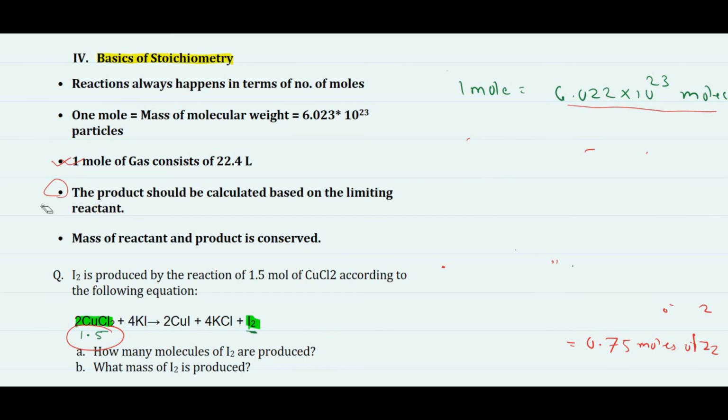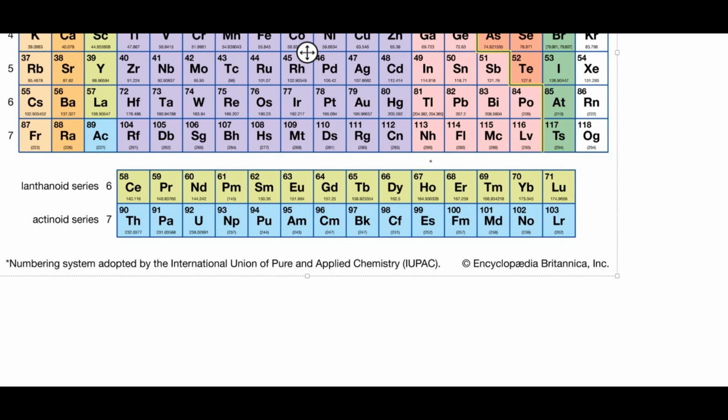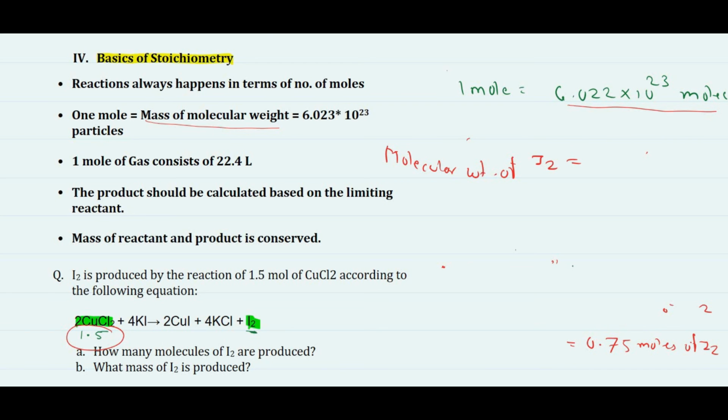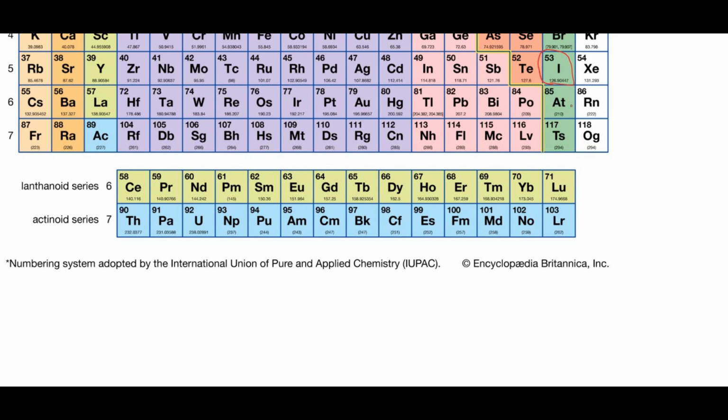In our statement, 1 mole of a substance has a mass equal to its molecular weight. So first of all, we need to find the molecular weight of I2. For that, we can refer to the periodic table, and if you look closely, the value is 126.90447 for I. In a molecule it would be 2 times this value, 2 times 126.90447.